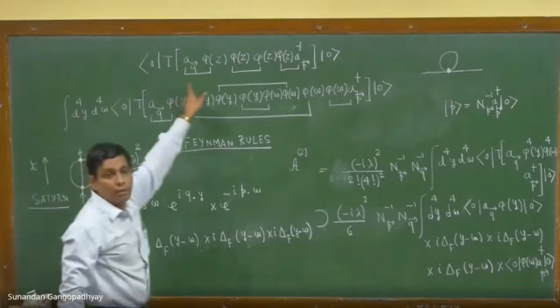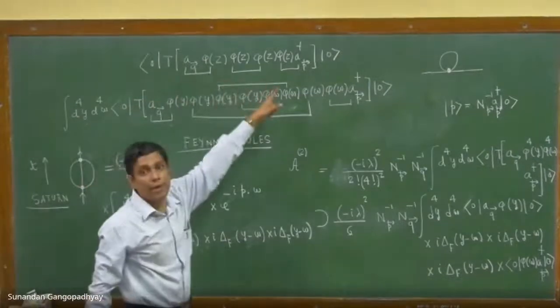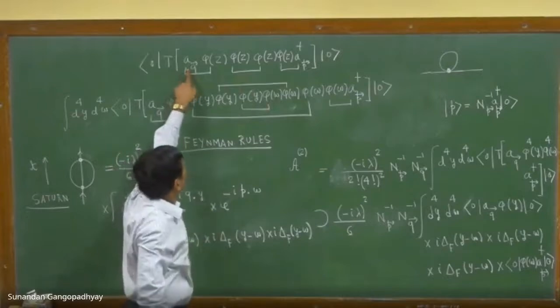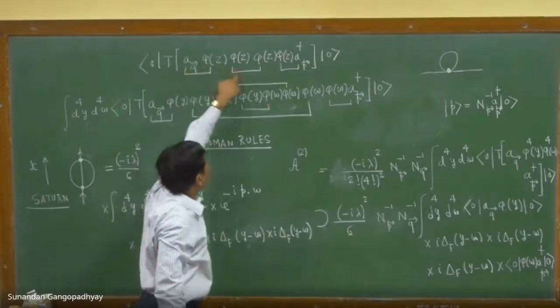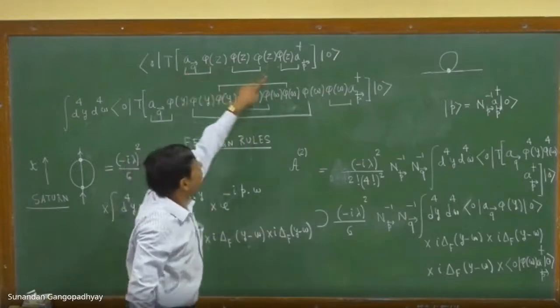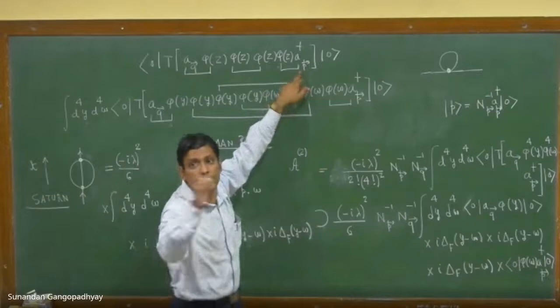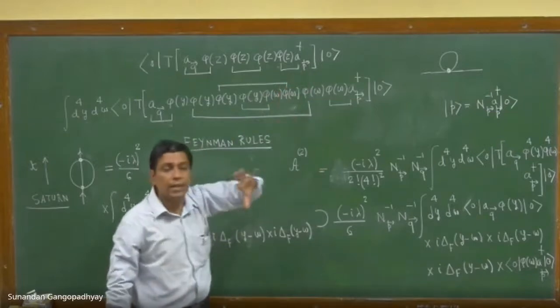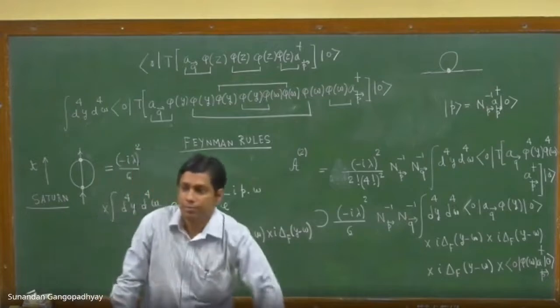But why are there 12 ways? Because this you can contract in 4 ways, right? 1, 2, 3, 4 ways. Once you contract this in 4 ways, this you can contract in 3 ways, right? And that gives you the factor of 12.